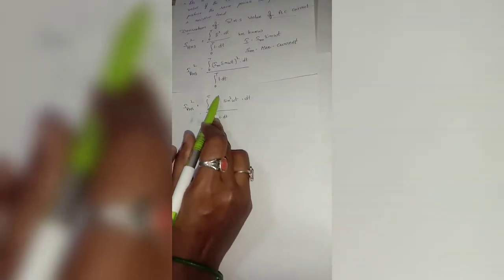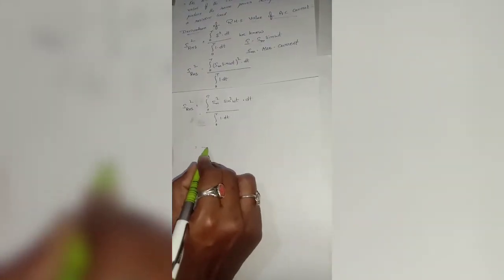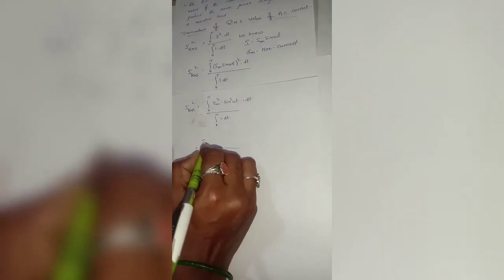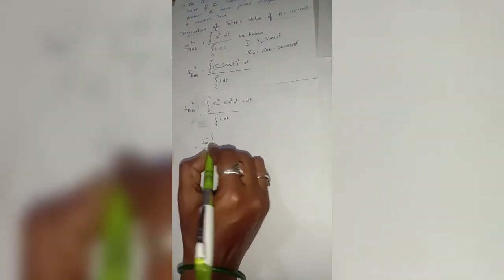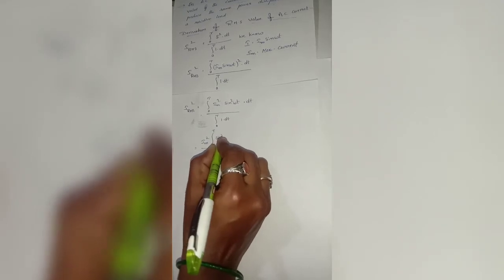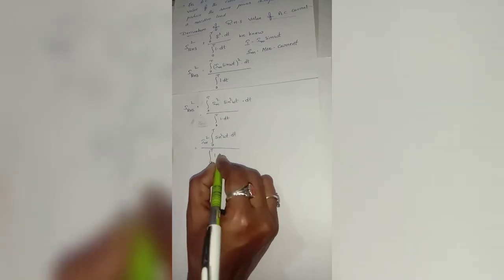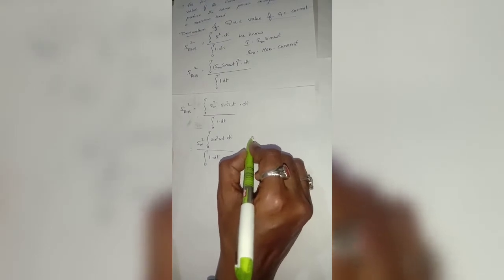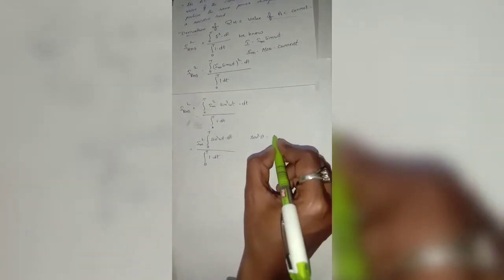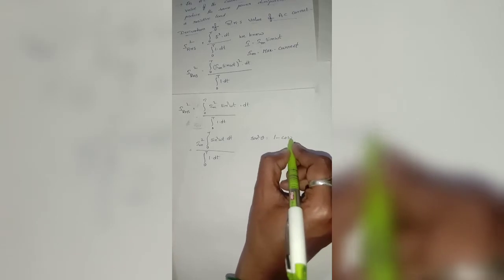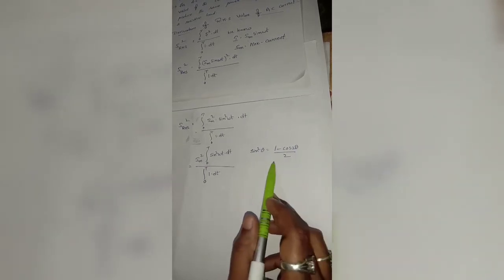Here Im square is constant, so take it outside: Im square times integral of 0 to T of sin square omega t dt, divided by integral 0 to T of 1 dt. We know sin square theta is equal to (1 minus cos 2 theta) by 2.